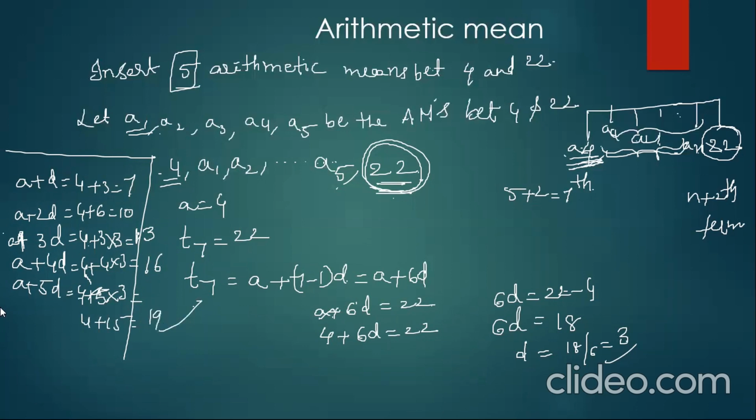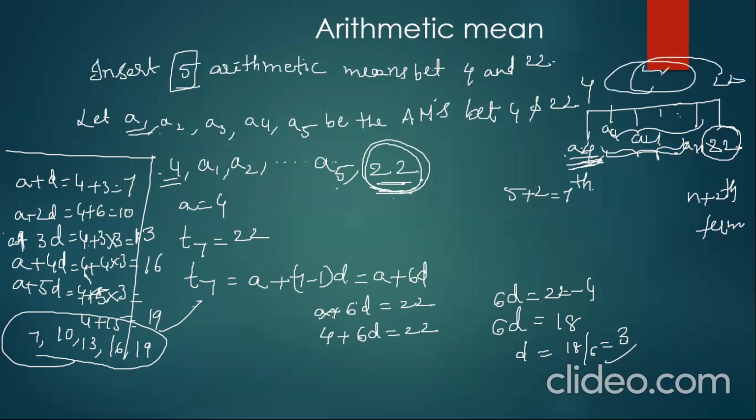So the terms we got are 7, 10, 13, 16, and 19. These are the 5 arithmetic means inserted between 4 and 22. In this way, we can easily calculate arithmetic means.